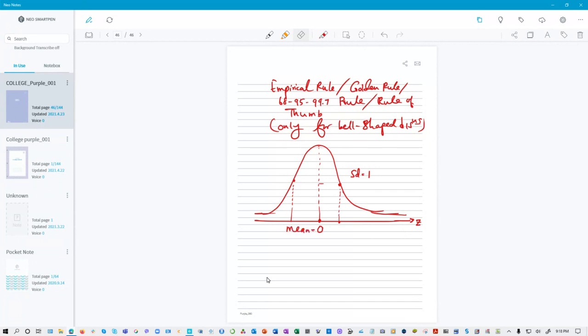When you convert to Z-score, the standard deviation is always 1 and the mean is 0. Mathematically, there's a point called the point of inflection on both sides. An inflection point is neither a minimum nor a maximum. A minimum is where the curve falls down, hits a point and rises up.